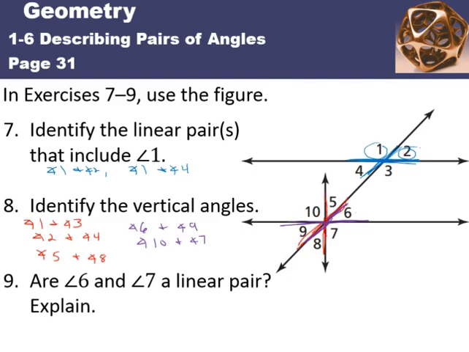And then it's asking if 6 and 7 are a linear pair. So here's 6, this purple one, and 7 is this blue one. And notice that this is not a straight line, so it's not a linear pair.